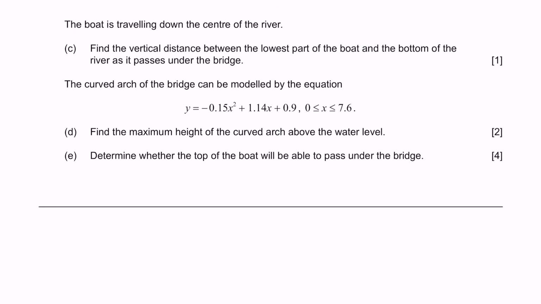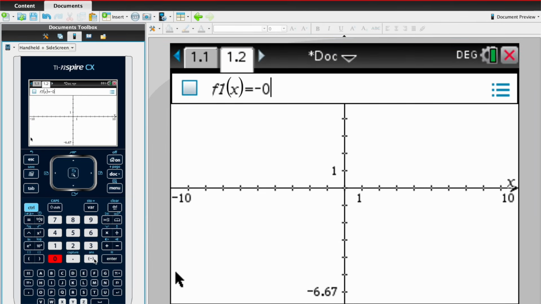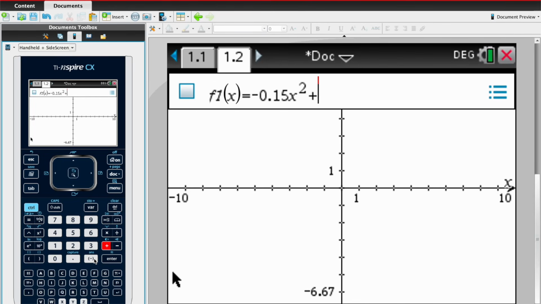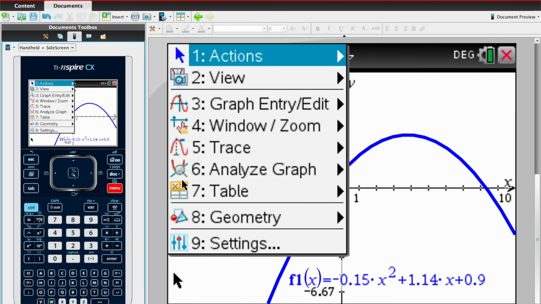So let's go to our graphing calculator right here, and we'll write out this function. Negative 0.15x squared plus 1.14x plus 0.9. That looks good. All right, nice that we don't need to adjust the window or anything.